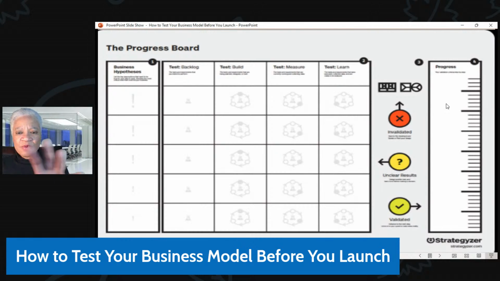So you'll rate yourselves on those various benchmarks or those various tests. And then the progress, you indicate what you believe progress has been made. So it's basically letting you know what the status is of those various tests, and you're putting different milestones there.